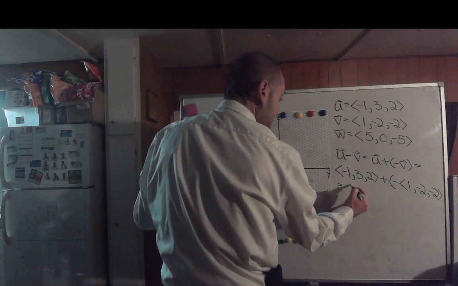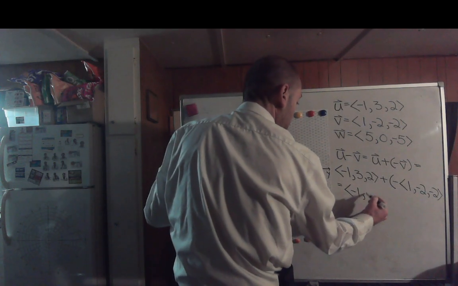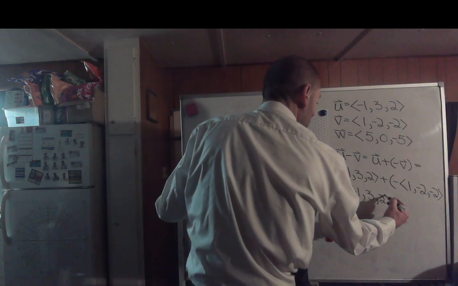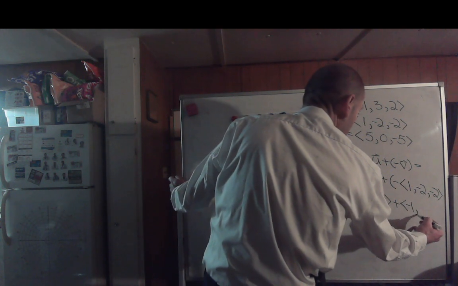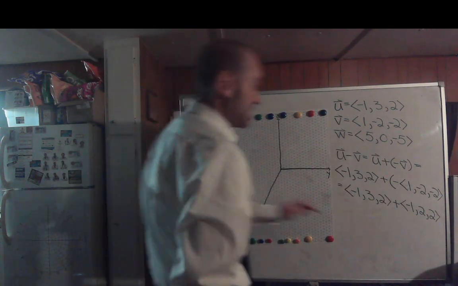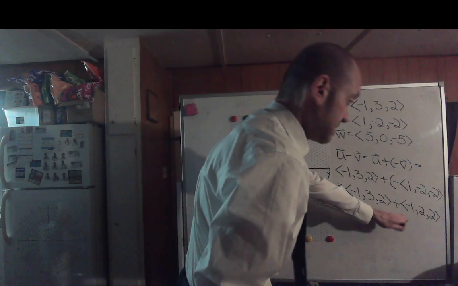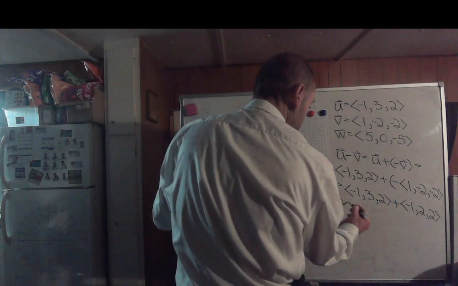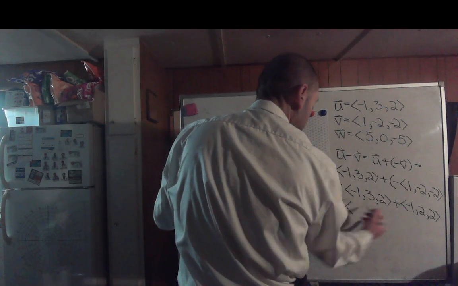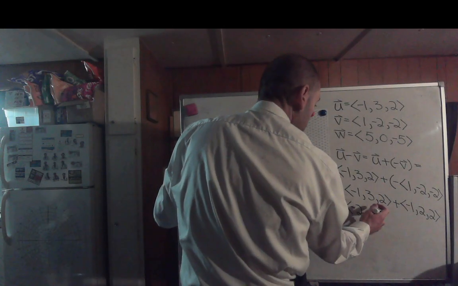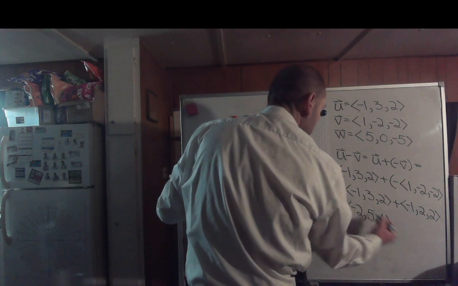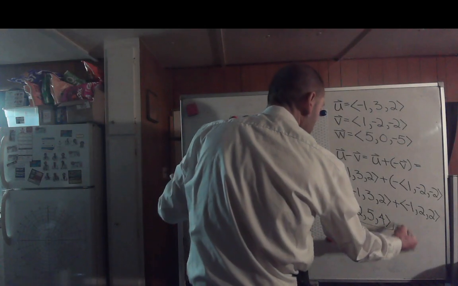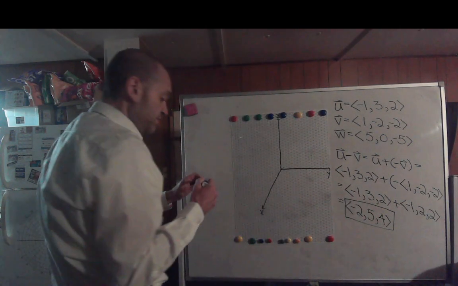I'll distribute that negative sign, so this would turn into -1, 3, 2, plus -1, +2, +2. Now I really have the setup for u minus v, or u plus negative v. So now I'll just add the components, and I'll get -1 minus 1, that's -2. 3 plus 2 is 5, and then 2 plus 2 is 4. So in total, u minus v is going to equal <-2, 5, 4>.